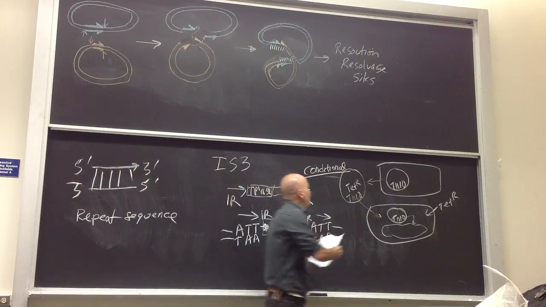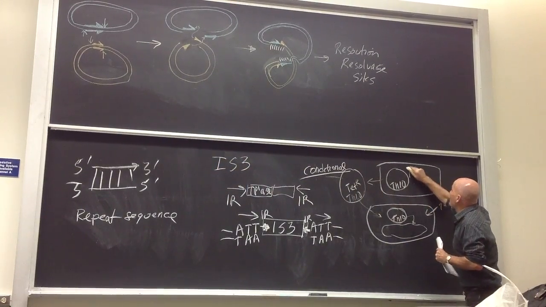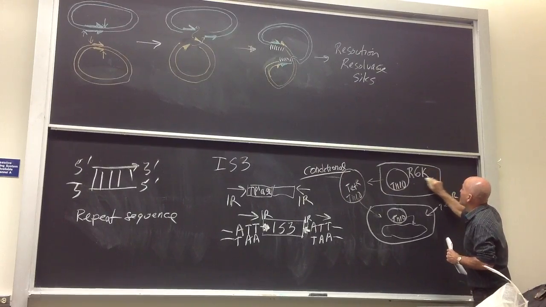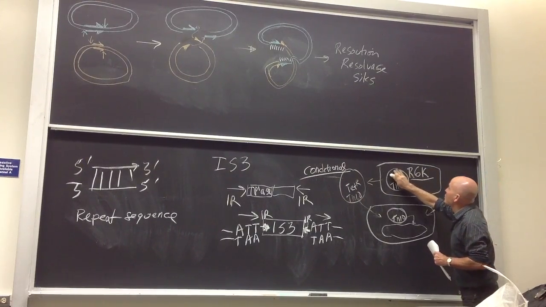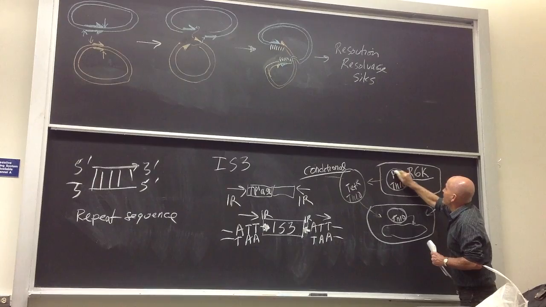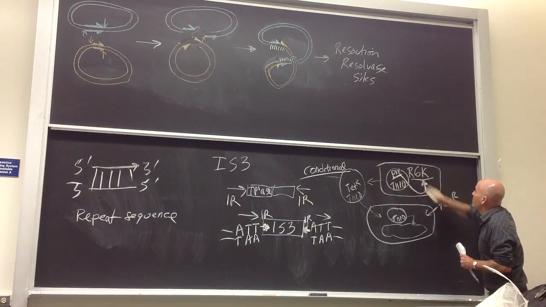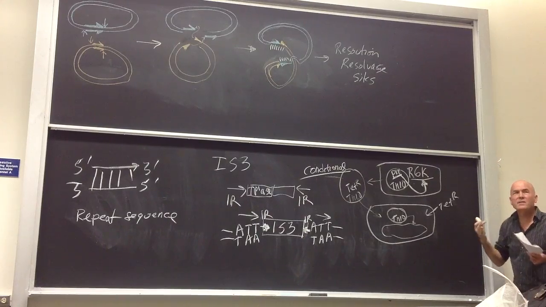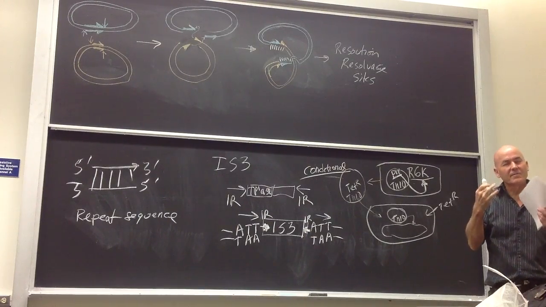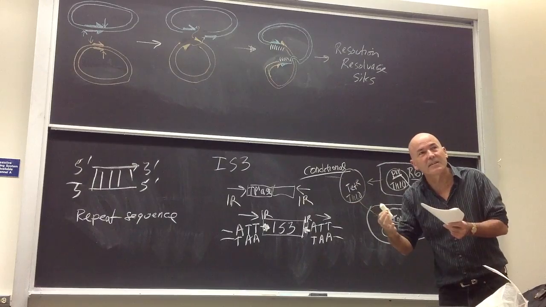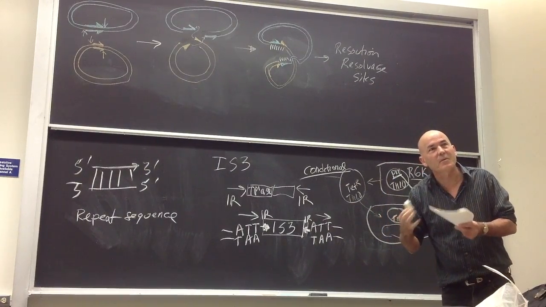So for example, there's a plasmid known as R6K, which is the most common one, that requires a little gene called the PIR gene, and PIR provides something required to replicate that plasmid. It requires something that's involved in the initial replication of the plasmid.